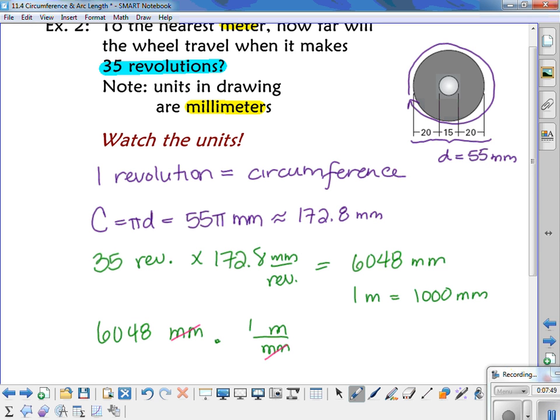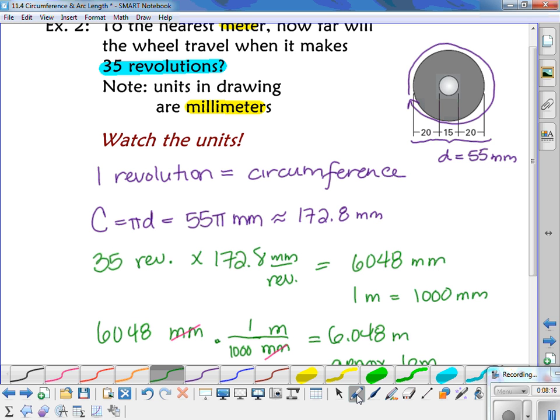So 1 meter is 1,000 millimeters. And so basically 6,048 divided by 1,000 equals 6.048 meters. And this one said to the nearest meter, so I go ahead and round it. So approximately 6 meters is how far it will go in 35 revolutions.